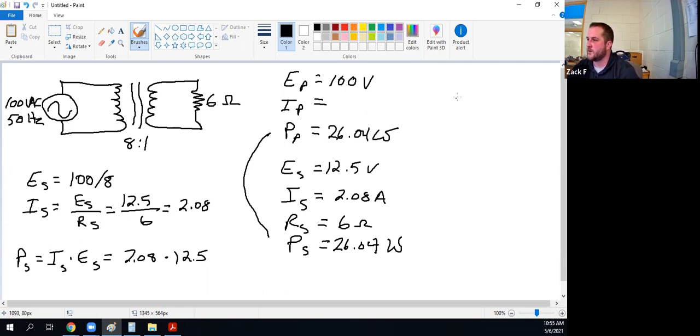So what's the current in the primary? P equals I times E, so I equals P over E. 26.04 divided by 100.